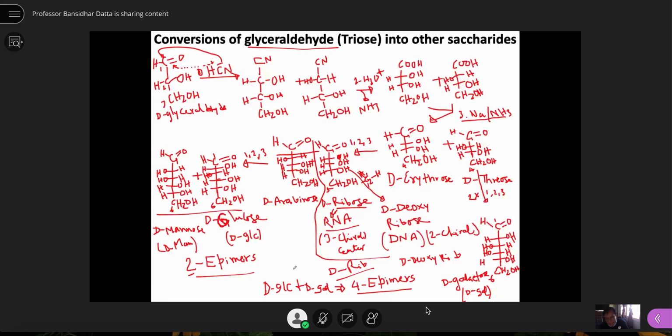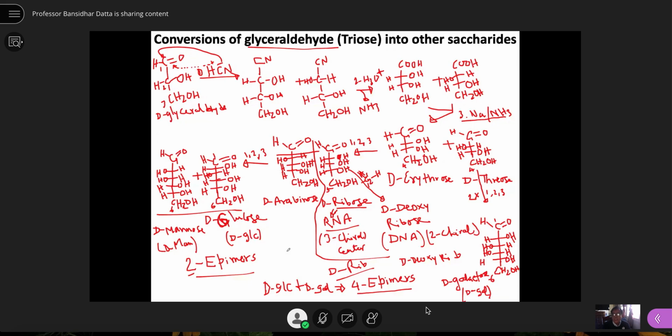Tell me if you have any question. These are the molecules that you must know the structure of: the mannose, the glucose, the ribose, the deoxyribose, and the galactose. The galactose is also our food particle. If you take lactose, the milk, it will be broken down to galactose and glucose.